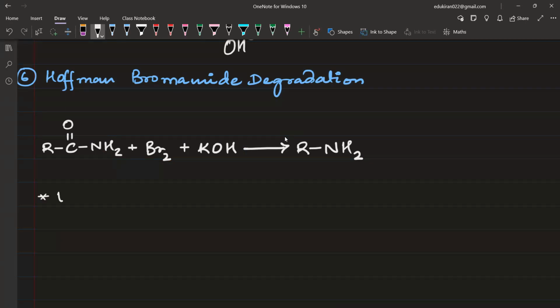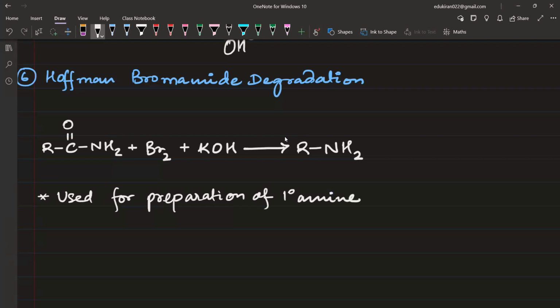Please write: used for preparation of 1 degree amine with 1 carbon less than the amide.